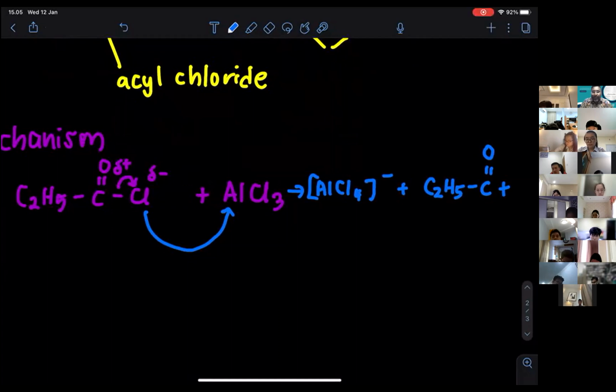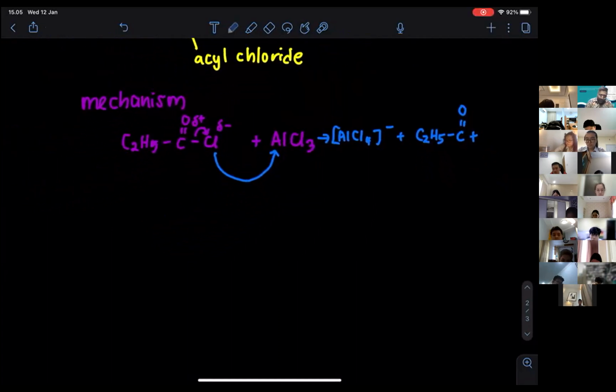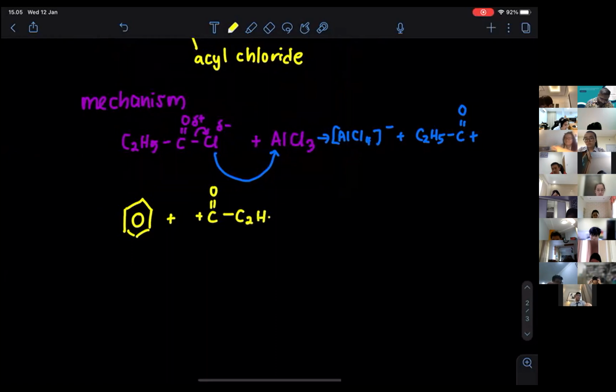Now let's bring in our benzene. I have a benzene over here and the electrophile. Let's say I draw C plus over here, and then double bond O, C2H5.